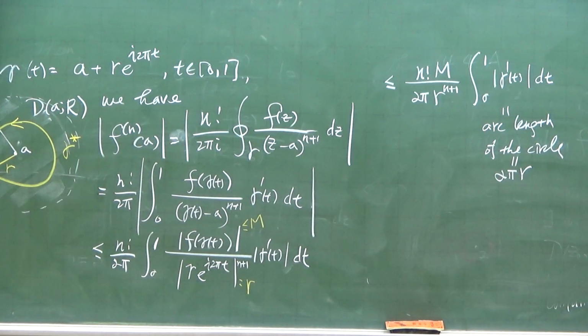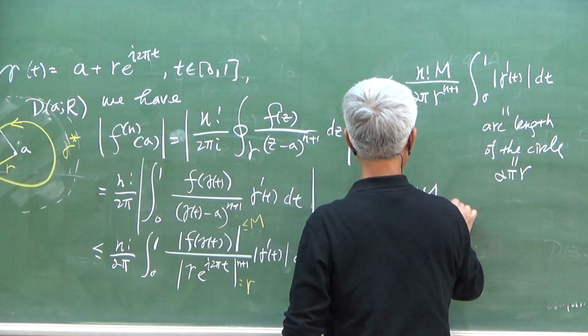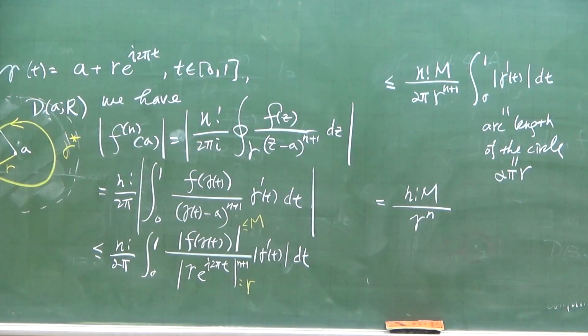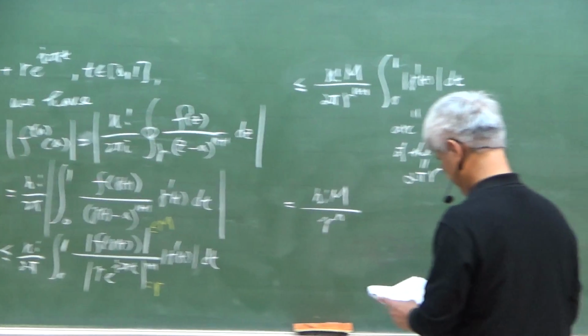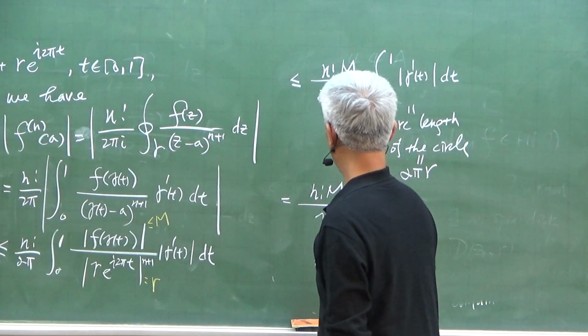So what is that? It's 2 pi r. And so the result is n factorial M over r to the n.